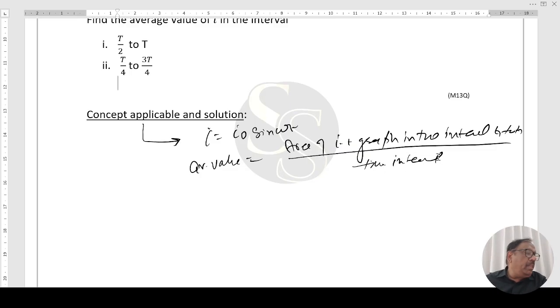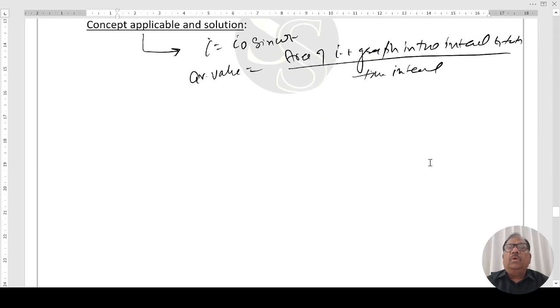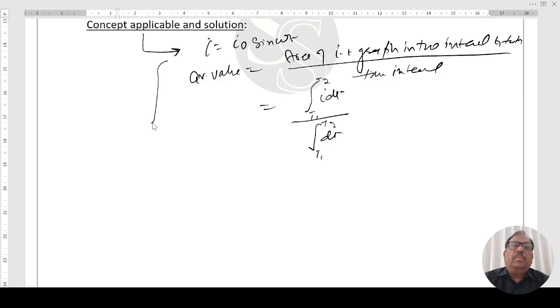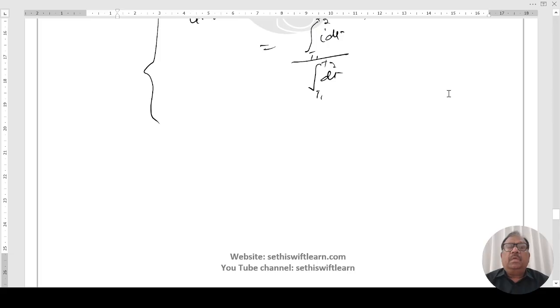That is, the integral of I dt from t1 to t2 divided by t2 minus t1. This concept is applicable here. I dt is charge.